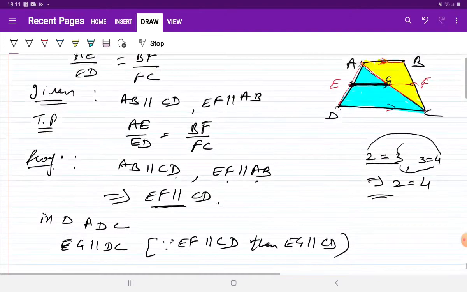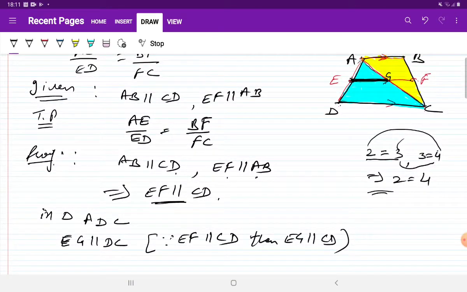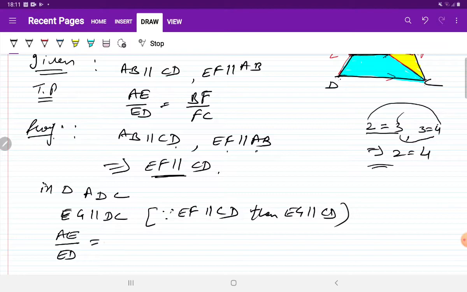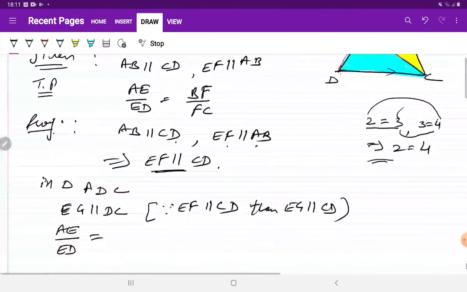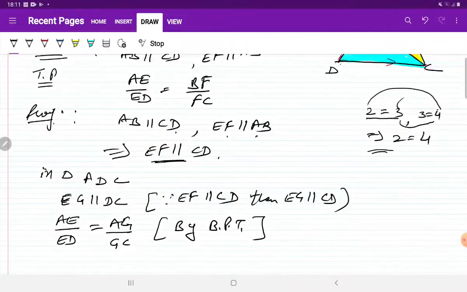So if EG is parallel to CD in triangle ADC, then AE upon ED is equal to AG upon GC by BPT, basic proportionality theorem, or Thales theorem you can say. This is my first equation.